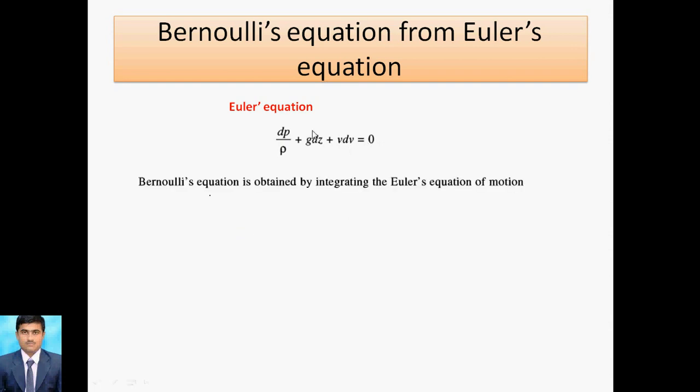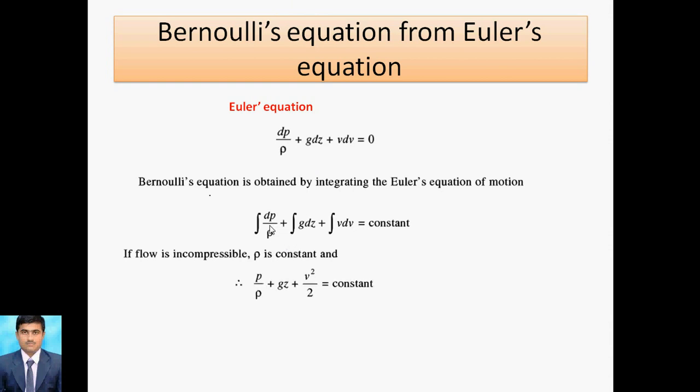Integrating both sides: rho is constant, so we get p by rho, the integration of dp is p, g is common, the integration of dz is z, and the integration of v dv is v square by 2, equal to a constant. This whole term is called Bernoulli's equation.